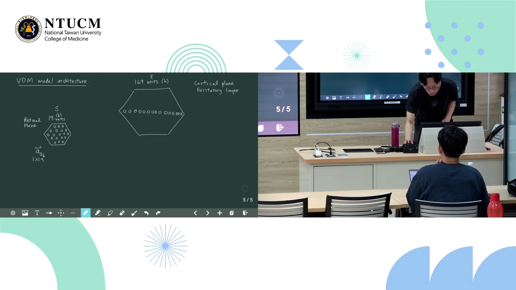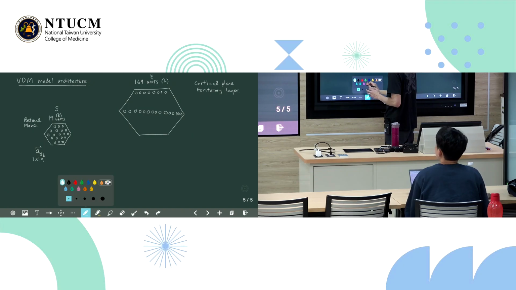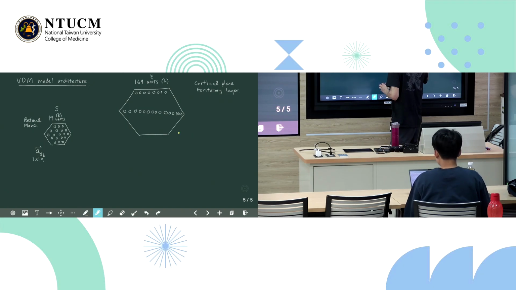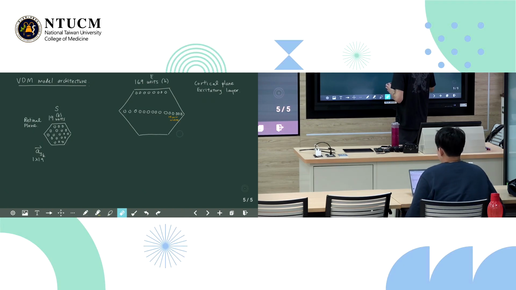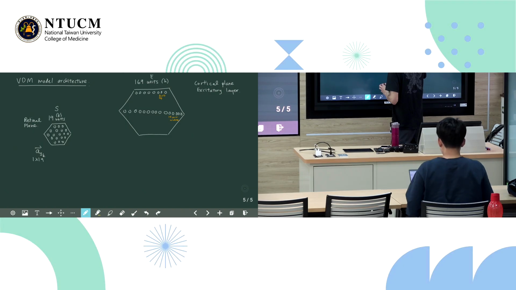And 1, 2, 3, 4, 5, 6, 7, 8 as the edges. So the width will have, I'm going to make a little note here, it's going to have 15 unit width, and it's going to have 8 unit top boundary.